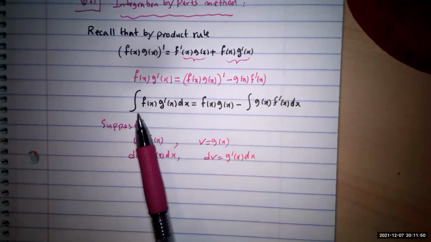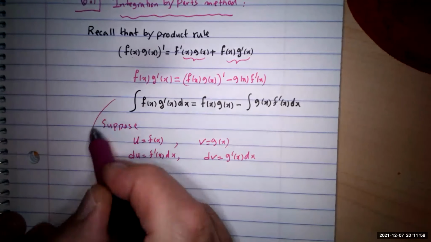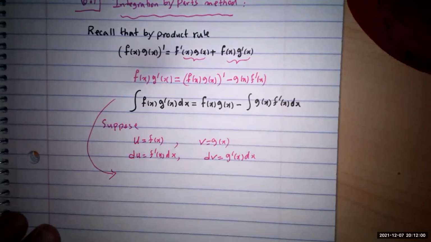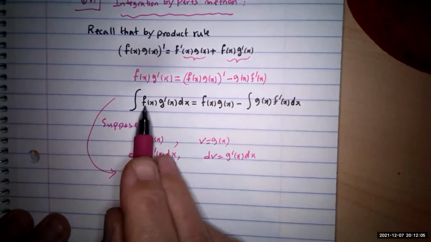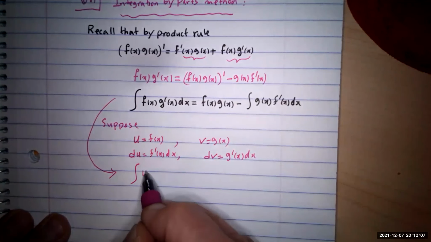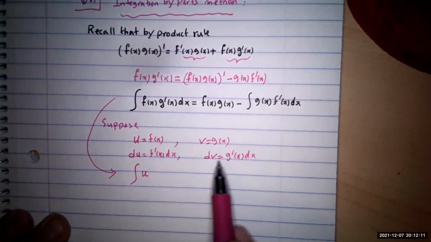Go back and write this one with this notation. Let's see what you have. We get the integral of f of x, which is u, times g prime of x dx, which is dv.